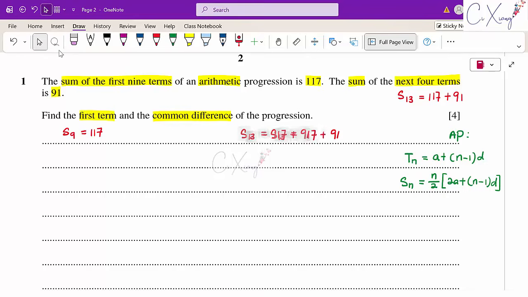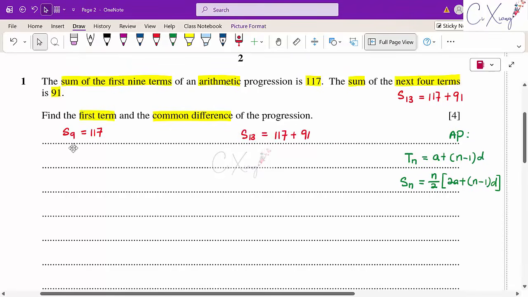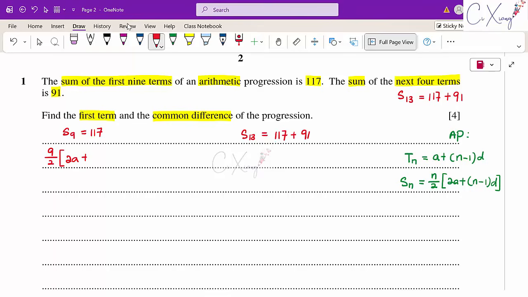So let's have a look at our question here. We are given S9 equals 117, and I want to substitute the formula of S9 into our calculation. The sum of the first 9 terms: n is 9, divided by 2, then 2a. I don't know the value of a, so I just keep it as a for now, plus (n minus 1)d.